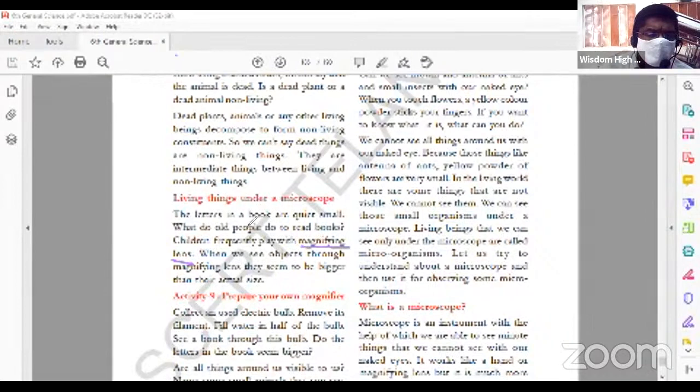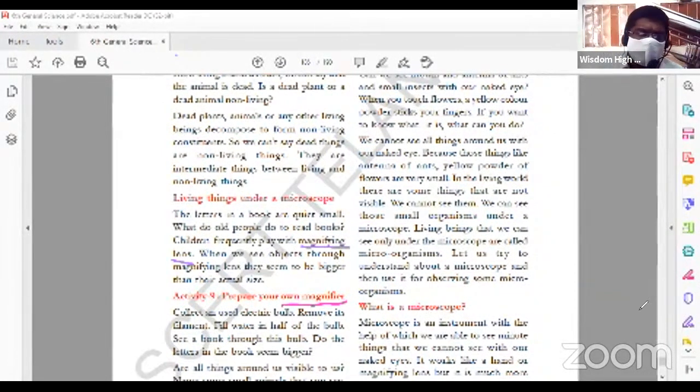So how can we prepare the magnifier? Prepare your own magnifier. For the preparation of your own magnifier, what materials are required? An electric bulb and liquid. Children, listen here.